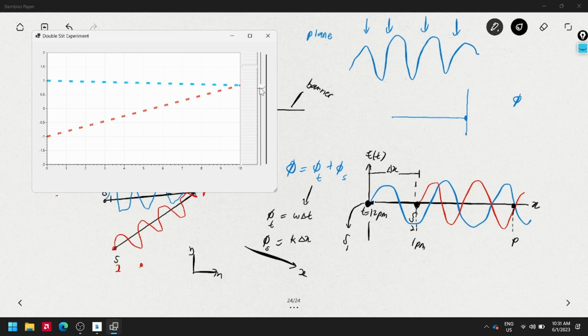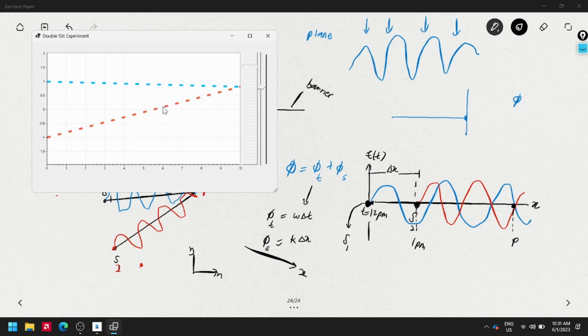So at this point, the maximum of my blue light meets with the minimum of my red light, because the blue line is over here, and there is no line over here. The portion where there is no color or no line is the minimum of the wave.